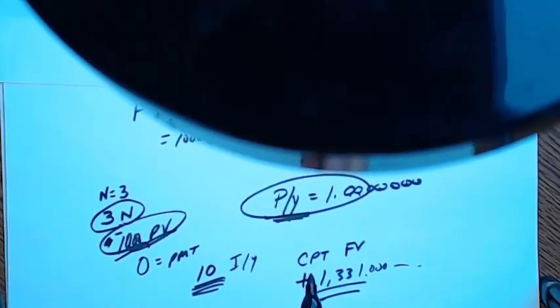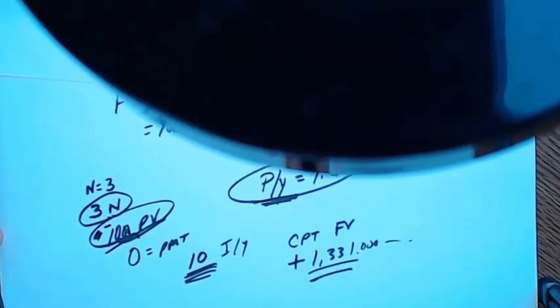Your calculator becomes really handy if, for example, you want to go out many years. And I guess in this case it's not too bad.